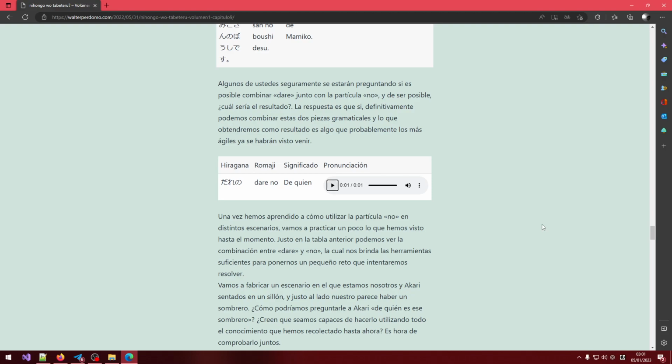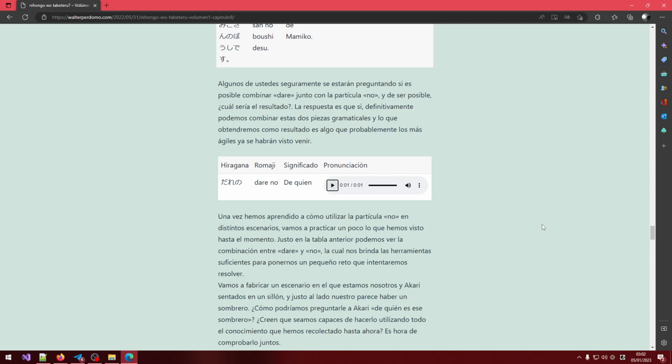Let's continue with a little bit of practice now. So this is like a challenge, okay? Let's say there are two people, Mamiko and ourselves. There's a hat next to us.